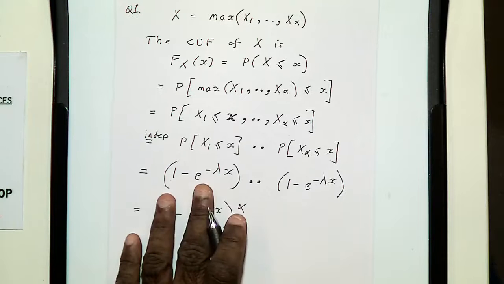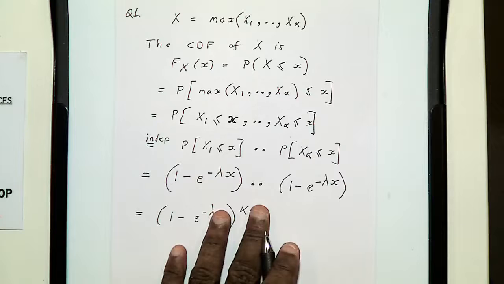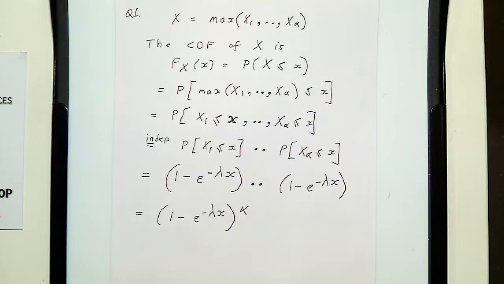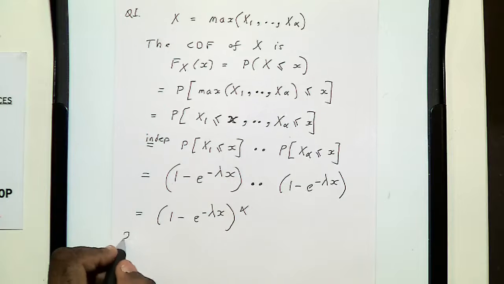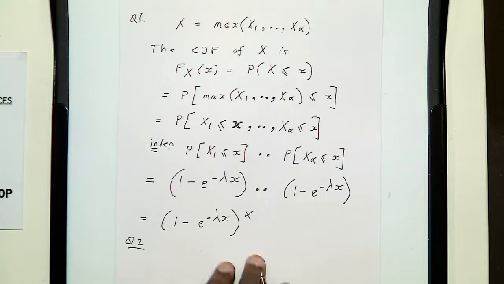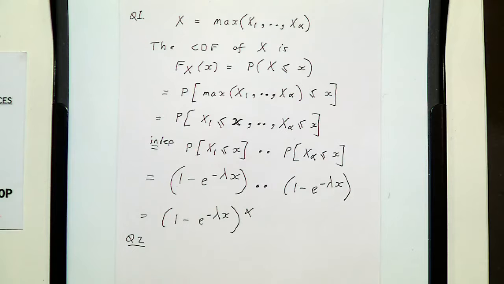So this is question 1 of sheet 4. Question 2 is to find the density function, or the PDF, of x.